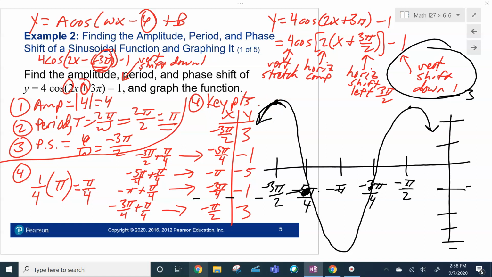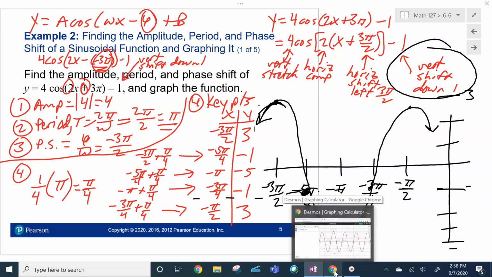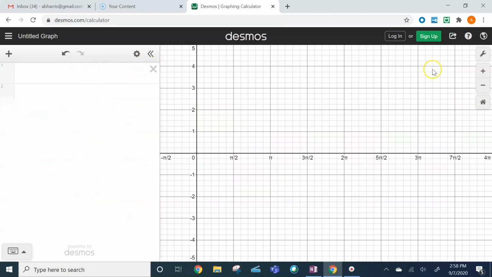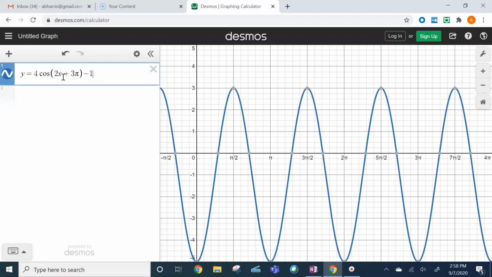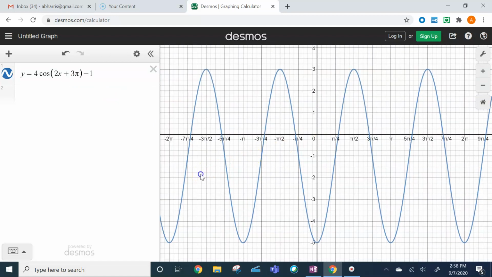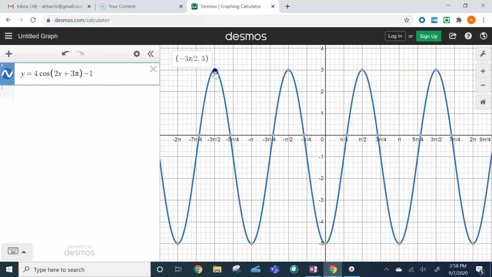Let's put this in Desmos. 4 cosine of 2x plus 3 pi, minus 1. Y equals 4 cosine of 2x plus 3 pi, minus 1. Just move this over a little bit, and you can see there's our negative 3 pi halves, 3. And then our next one was negative 5 pi fourths, negative 1.